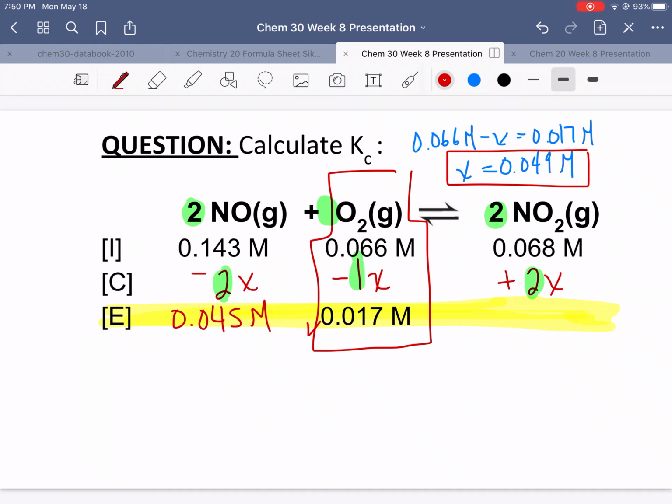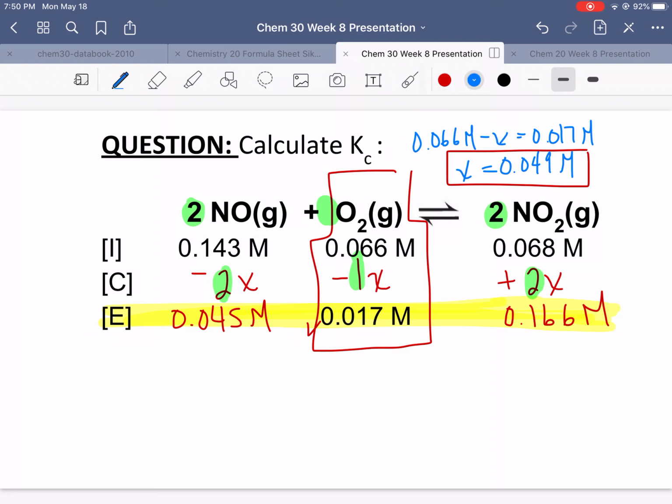Number crunch it in: 0.068 moles per liter plus 2 times 0.049 moles per liter. We're going to get a total of 0.166 moles per liter. Again, feel free to use that capital M for molarity representing molar concentration. Highlighted in yellow is the molar concentration at equilibrium.